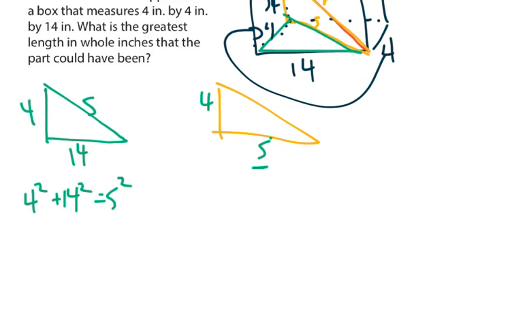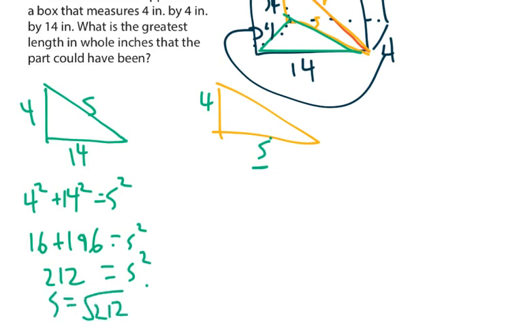All right, so here we'll get 16 plus 196. That equals 212, and that is equal to S squared. Now, two ways we could look at it. We could either let it be S squared, or we could say S is equal to root 212 and let it be, because we know we're going to use it later on.